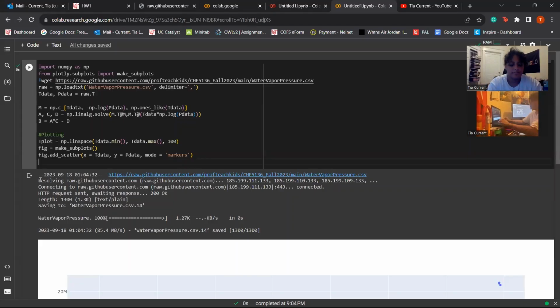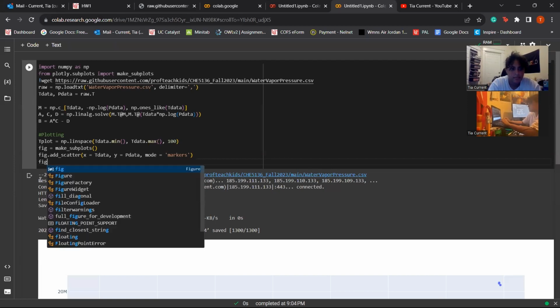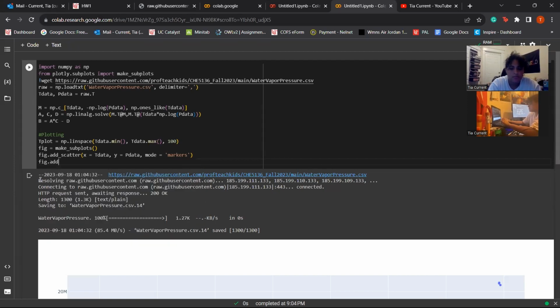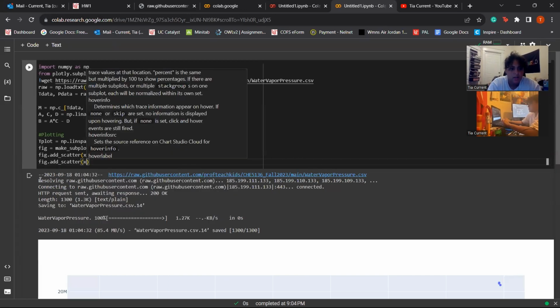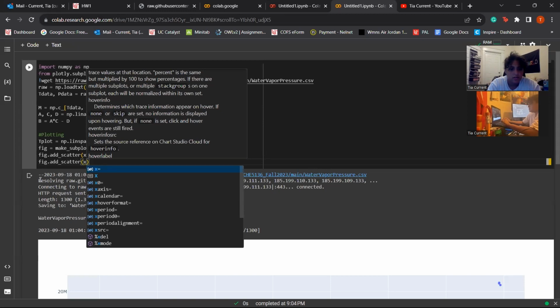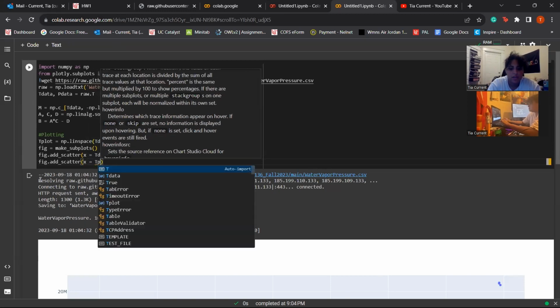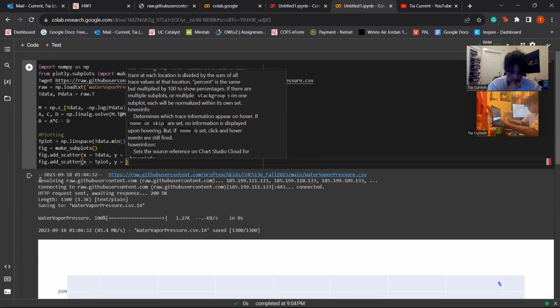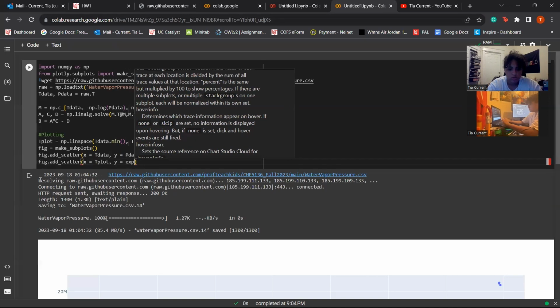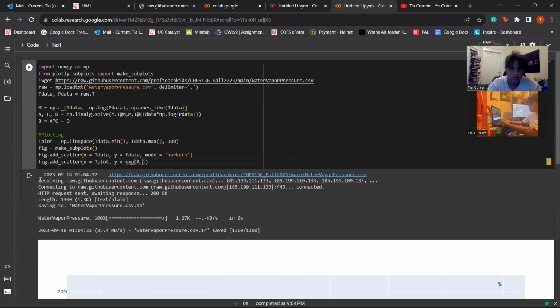Okay, but we're still working. So we have to do another one. So this is with our data equation. So x is equal to t plot, comma, y is equal to, and then so what is the Antoine equation?